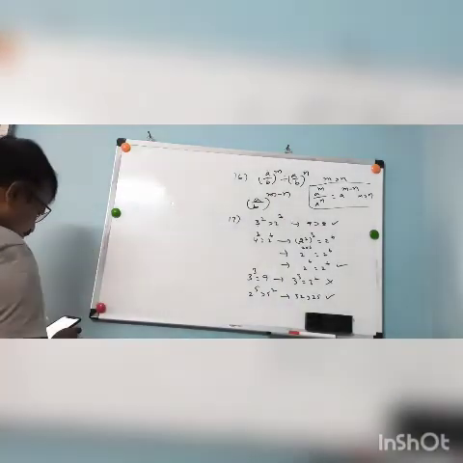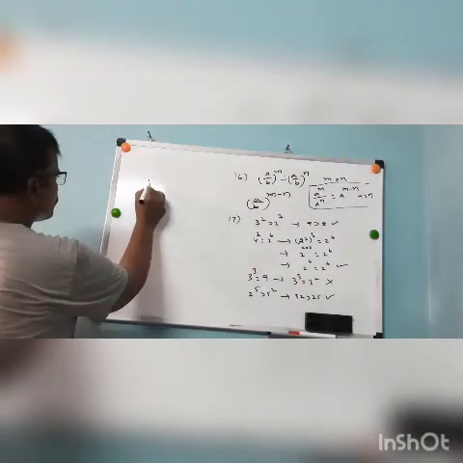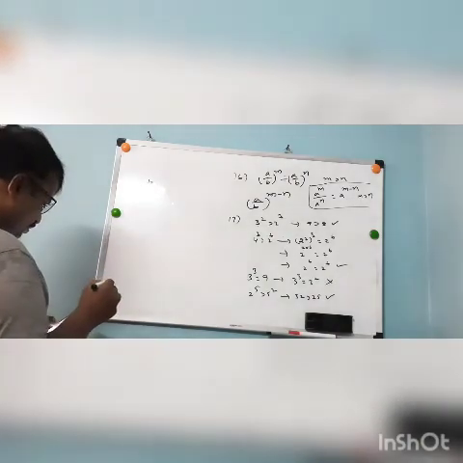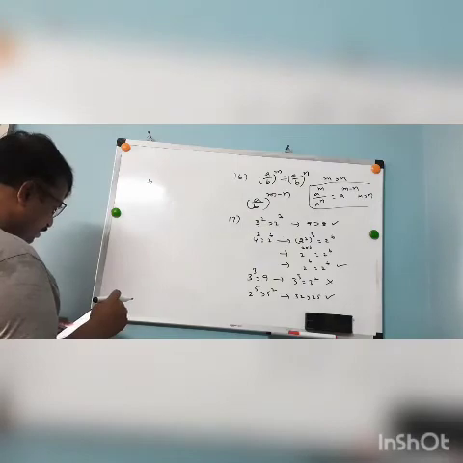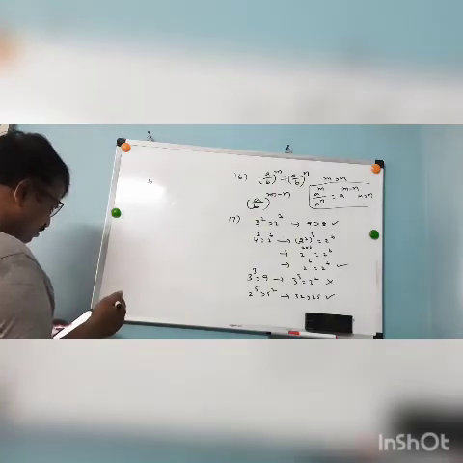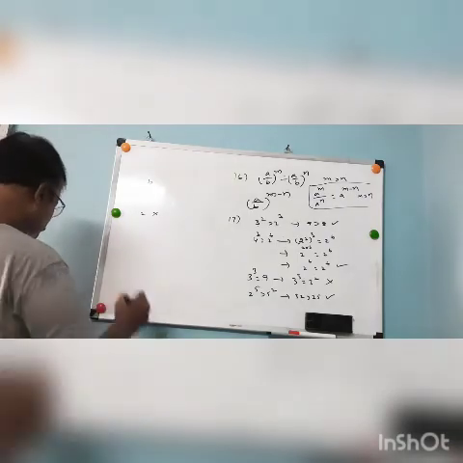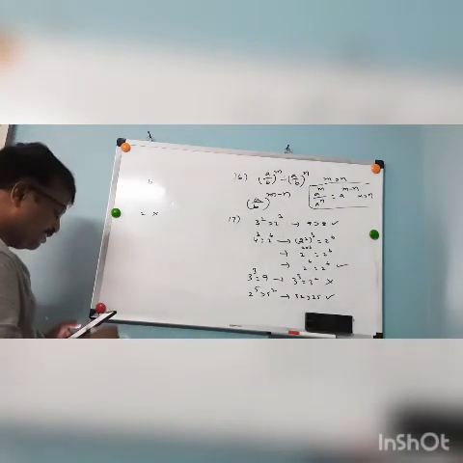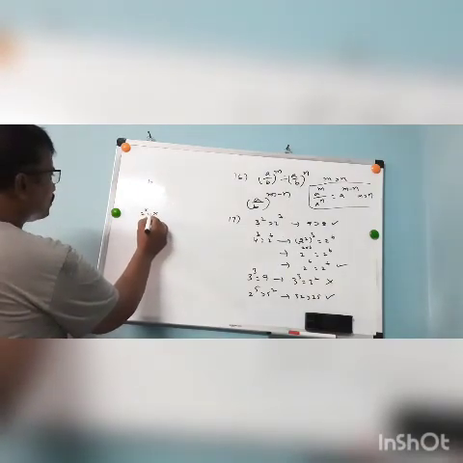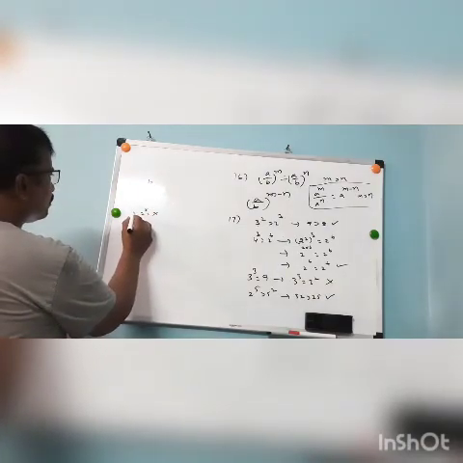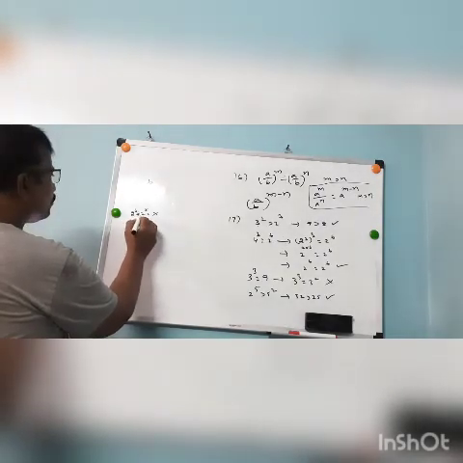The first one, 2 power 2, is not right. 2 power 6 is not equal to 2 power 8.